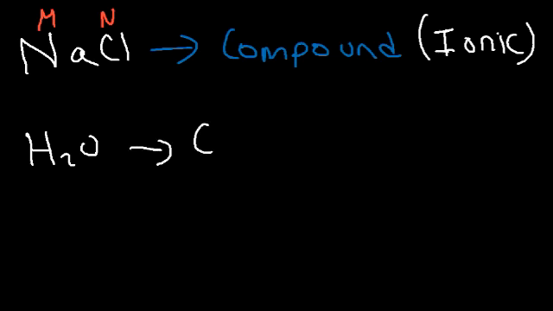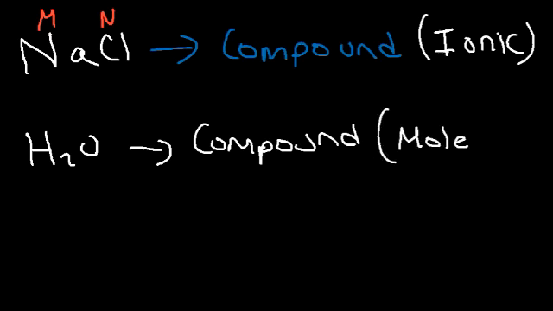Water is a compound as well, but it's also a molecule, so it's a molecular compound. So water is composed of individual particles, whereas sodium chloride is a giant crystal that contains many ions.